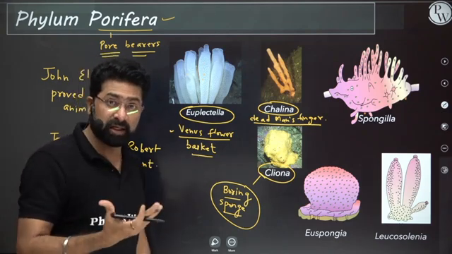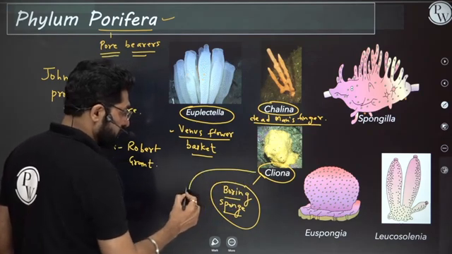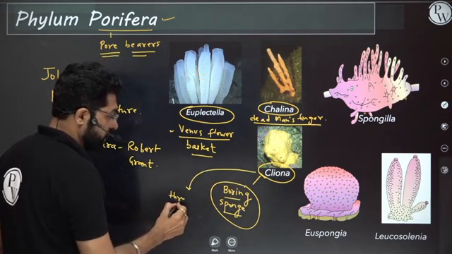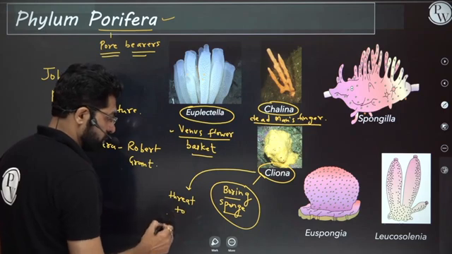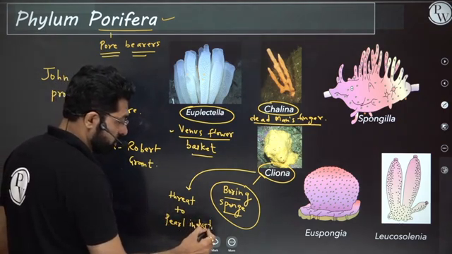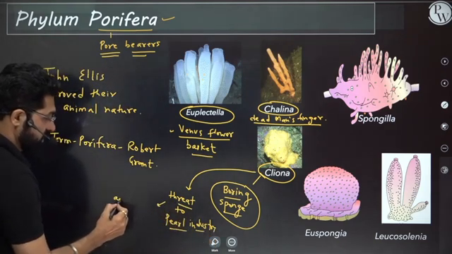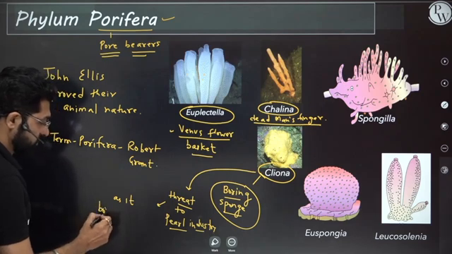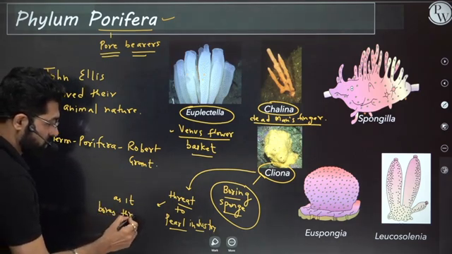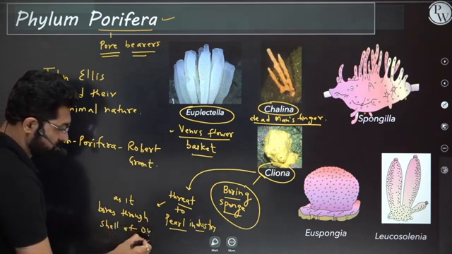So it is a threat to the pearl industry. You can say Cliona is a threat to the pearl industry because it bores inside the pearl oyster, through the shell of the oyster. Is it okay with you?